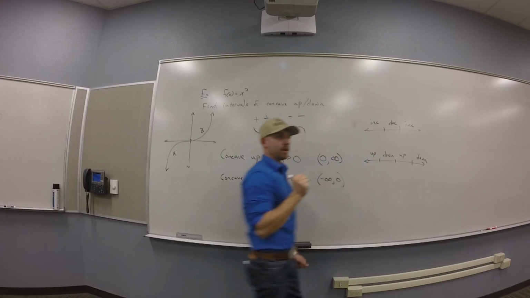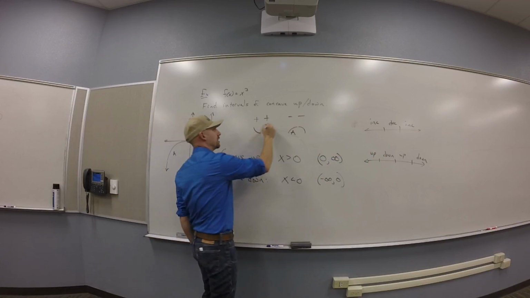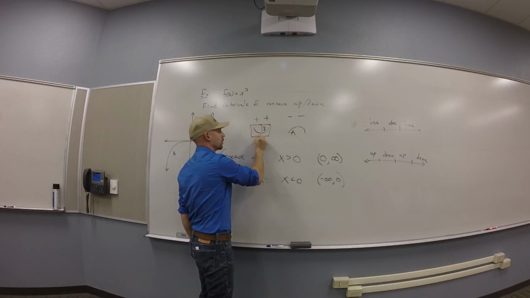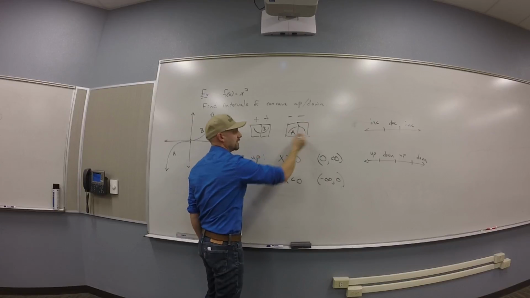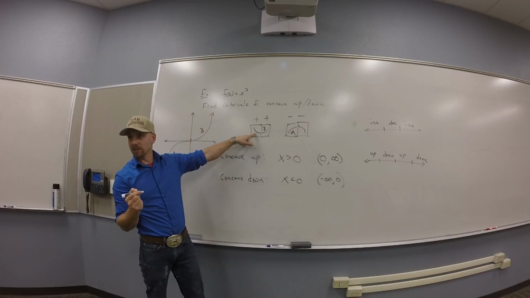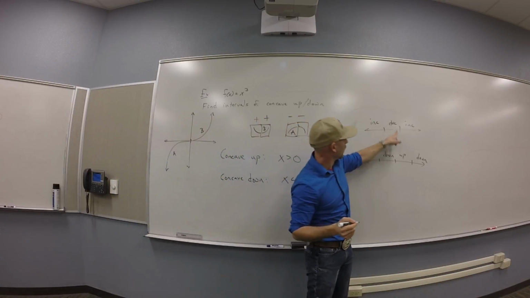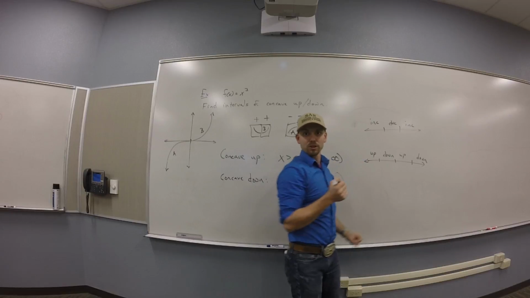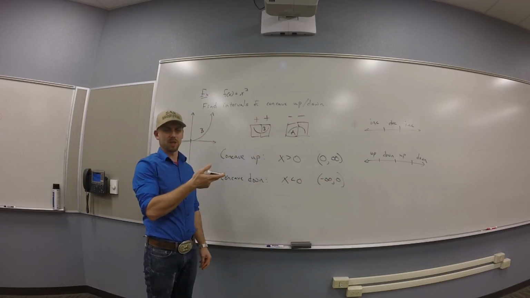If I have these two pieces of information, then I can use these as building blocks for functions, and I can draw the graphs of functions using these as my building blocks. This is decreasing concave up. So any place I have a decreasing here and an up there, I'm going to put one of those. We could go through this process. You guys want to see what that would look like here?